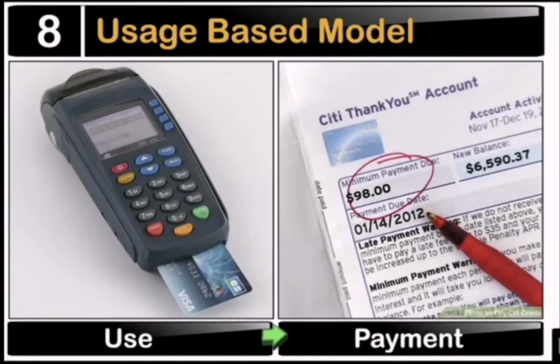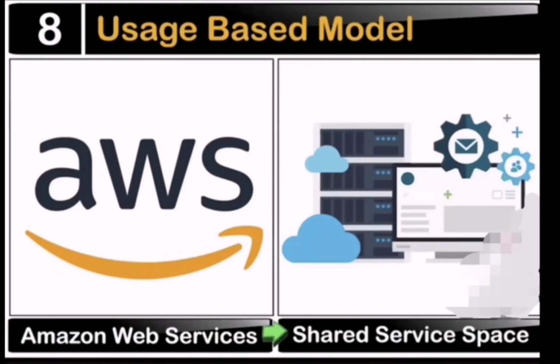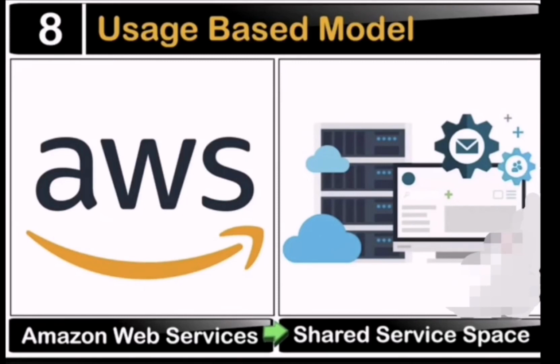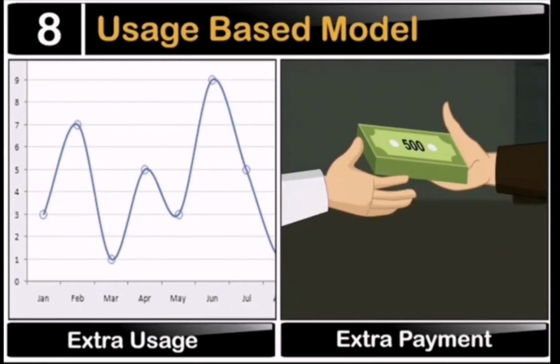Another example I will give you is Amazon Web Services. They offer shared cloud spaces to individuals and businesses. So the more space you consume, the more you will pay, and the less space you consume, the less you will pay. This is how their model basically works.